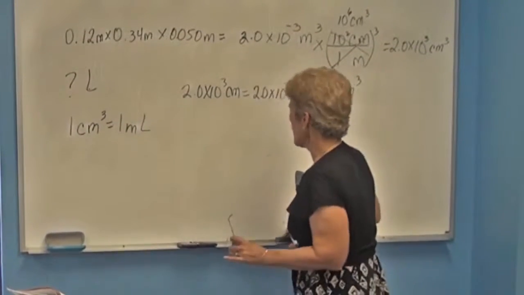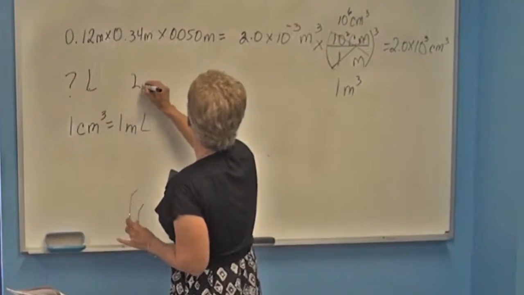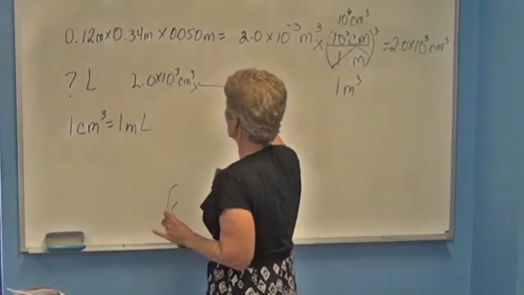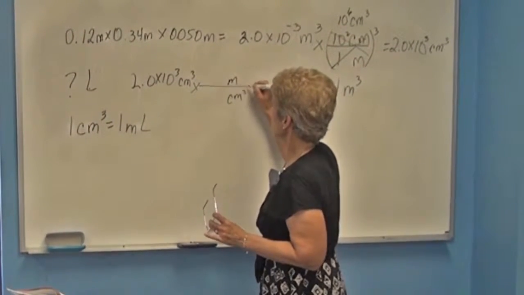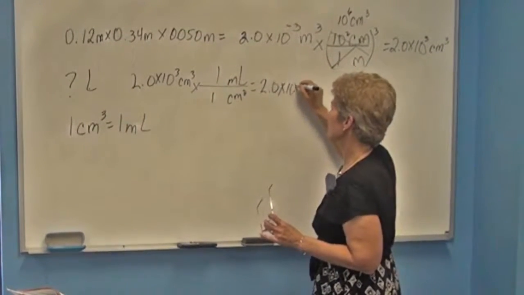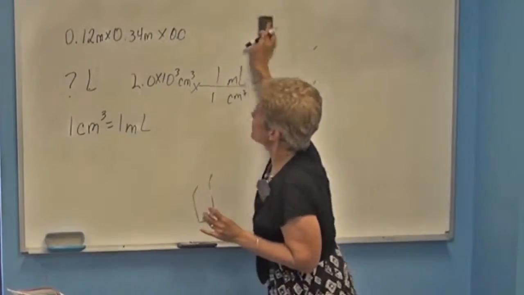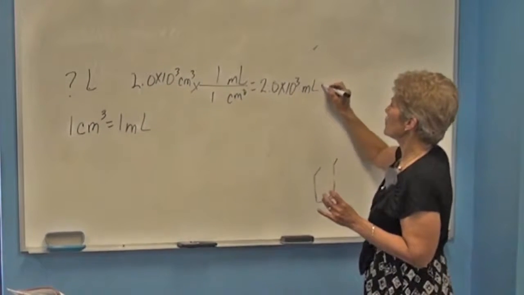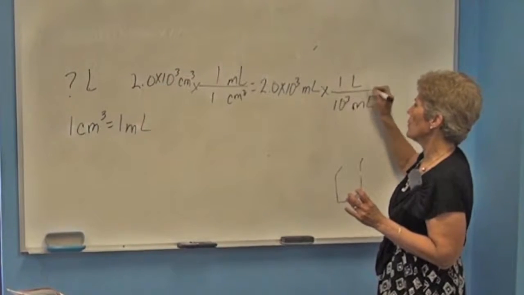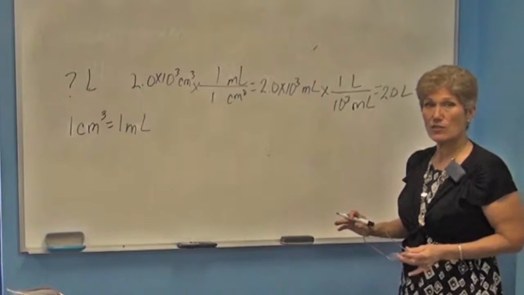And I'm just going to show it to you just to be good. So 2.0 times 10 to the third centimeters cubed times centimeters cubed, milliliters, 1 to 1. So that gives us 2.0 times 10 to the third milliliters. And then from there, we can very easily go to liters because we just go milliliters, liters, 1, 10 to the third. So it's going to give us 2.0 liters. And that would be our answer on that one.